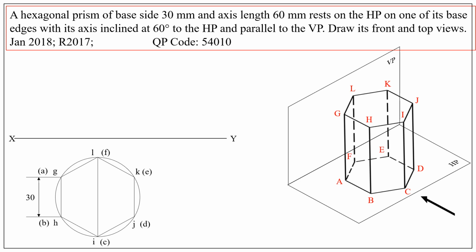Notice points A, B, C, D, E, F are at the bottom, therefore they are put within brackets, and the points G, H, I, J, K, L are directly above A, B, C, D, E, F and nearer to the observer's eye, and therefore they are put as G, H, I, J, K, L itself in small letters.